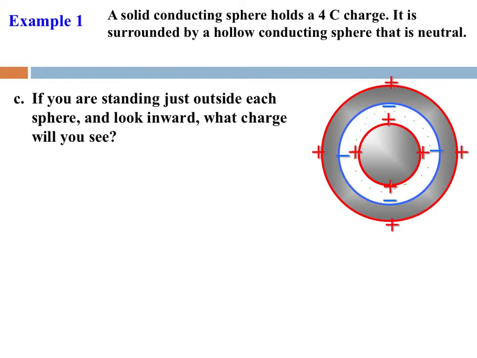Then if you stand at that point and look in, you're going to see a positive charge, or 4 coulombs. If I stand even further outside, I'm still going to see 4 coulombs. Because again, the outer sphere is still neutral, so the total charge enclosed is still 4 coulombs.